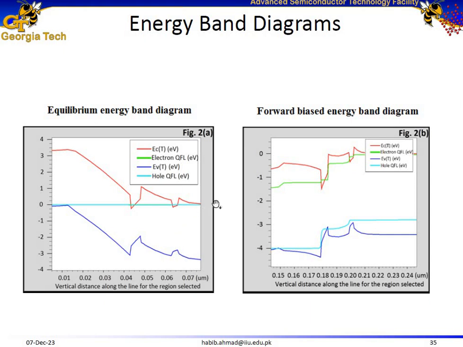Now, under thermal equilibrium, we have plenty of electrons in both quantum wells, but there is a big barrier for holes to move towards the quantum well. However, under forward bias, holes get an opportunity to move into the quantum wells, and then we have plenty of electrons and holes available across the quantum wells for the indium gallium nitride layer, recombining, resulting in the emission of photons.